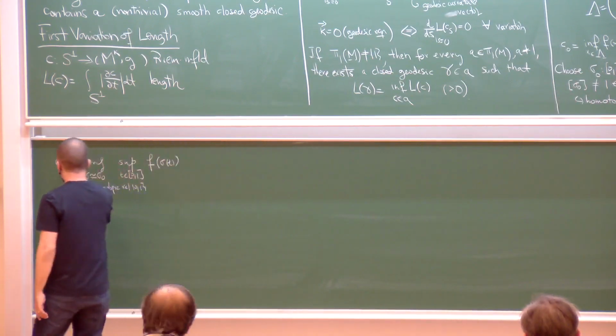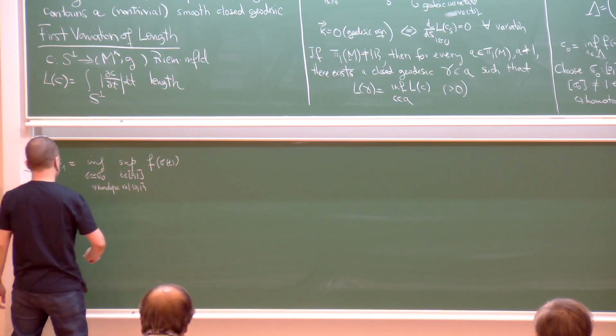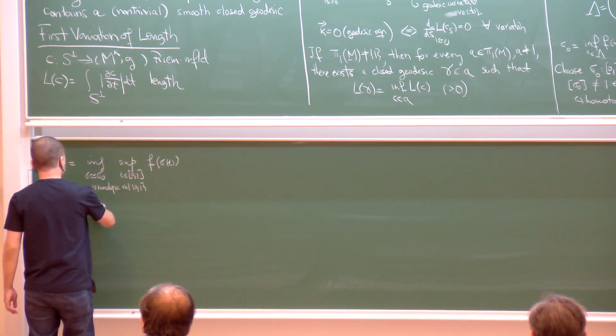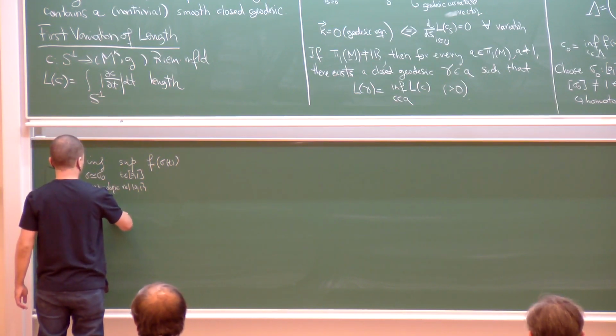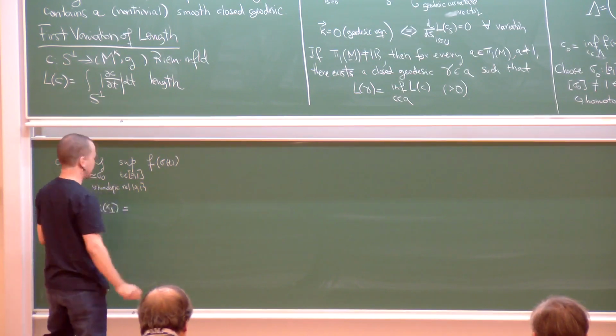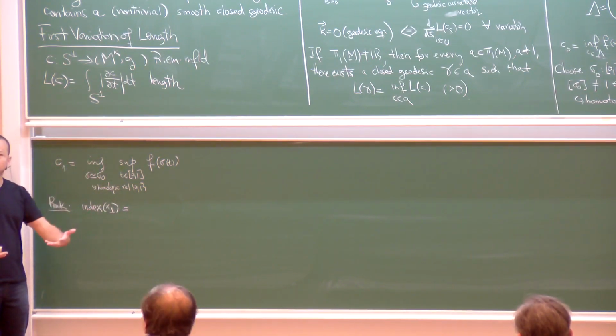So one remark here that will be important later, not now, but later, is the Morse index, the index of the critical point. If you look at the second variation, it's the index of the second variation quadratic form.